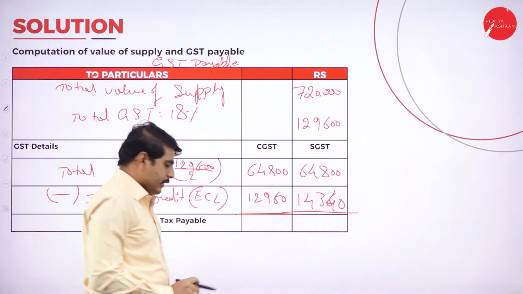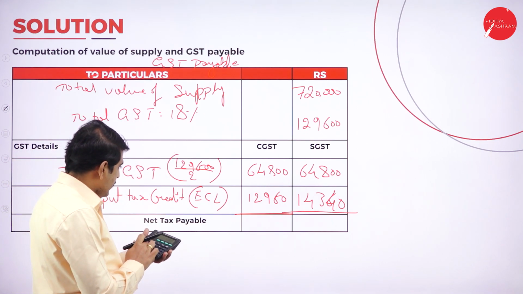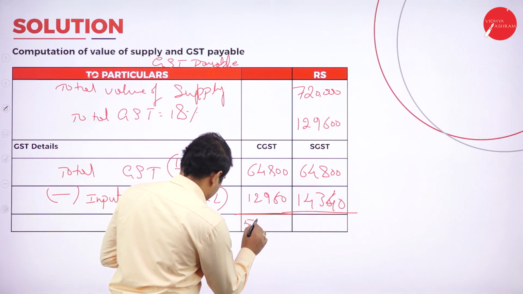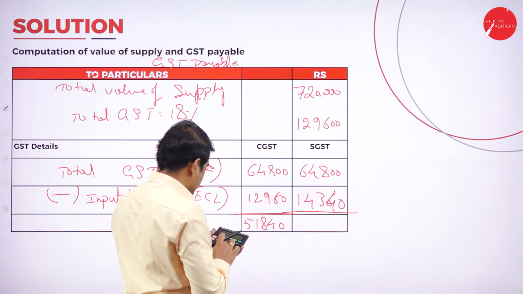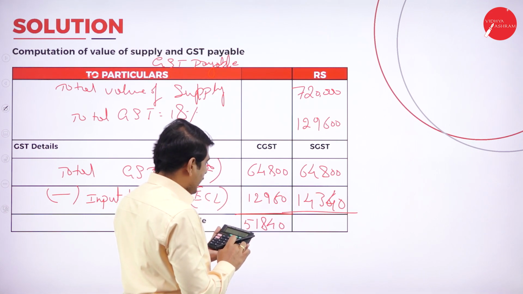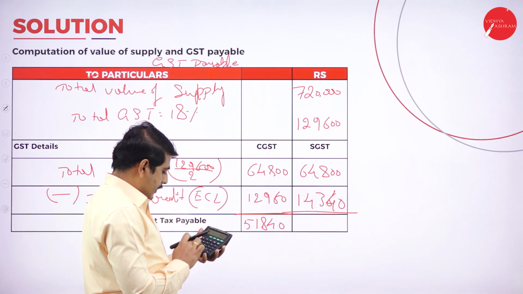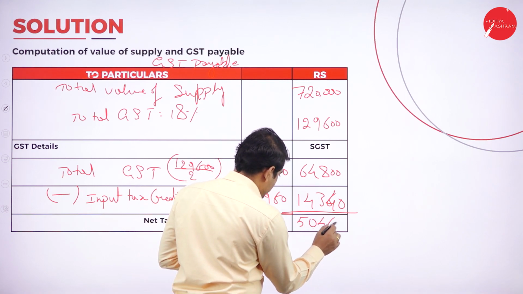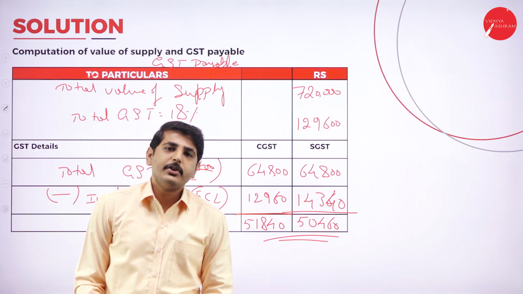So I'll get net tax payable: 64,800 minus 12,960, so we'll get 51,840. Next one, 64,800 minus 14,340, so we'll get 50,460. This is the total GST payable. So this is how we should solve the problem.